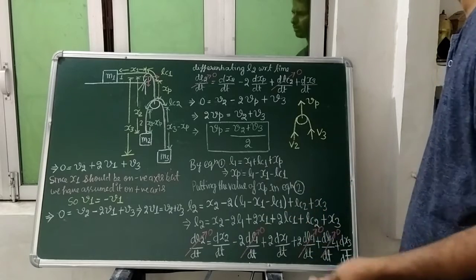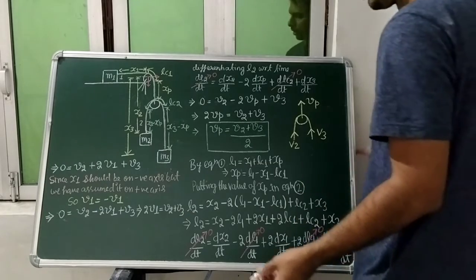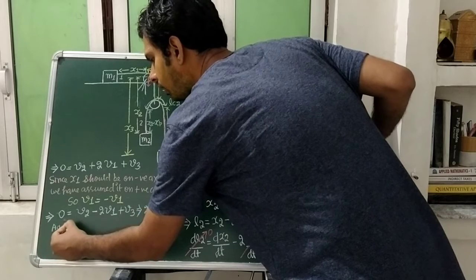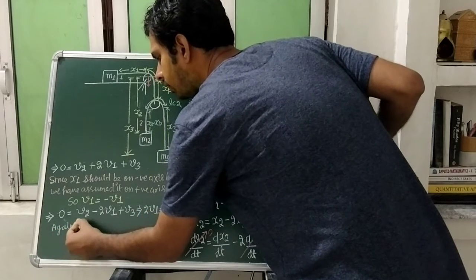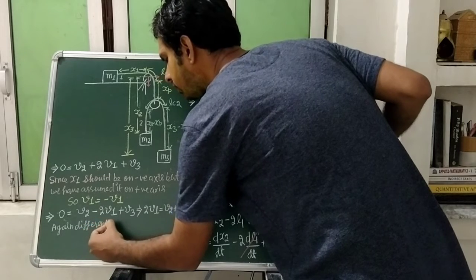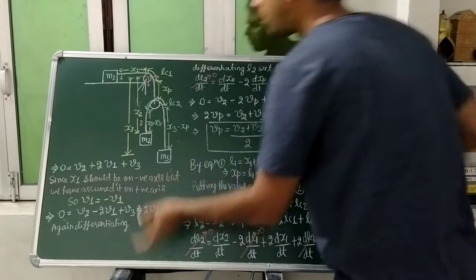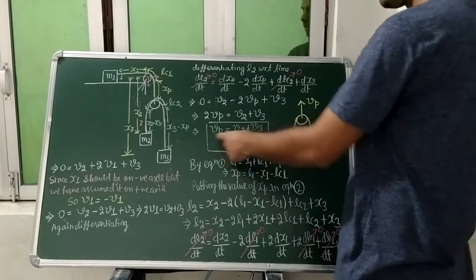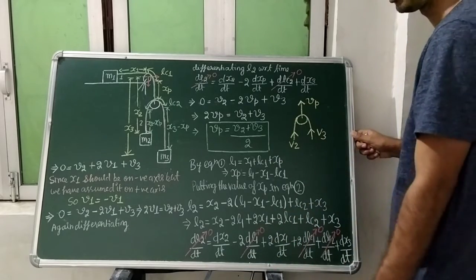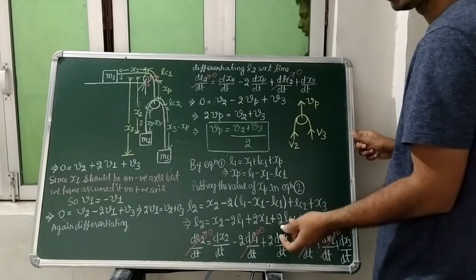There should not be any net velocity. That is why they will be in this way, so that they can get cancelled out, and the net velocity in that string comes out equal to 0.